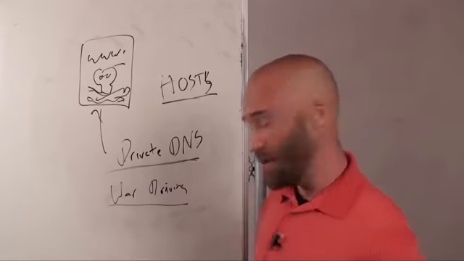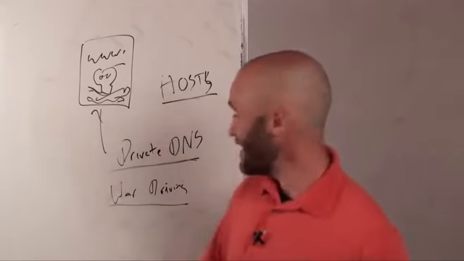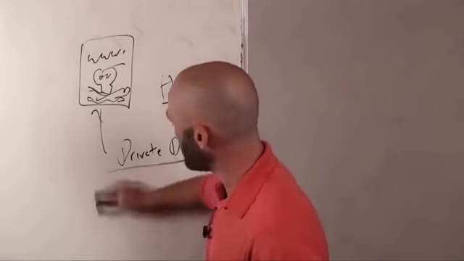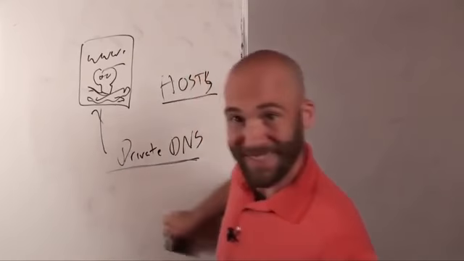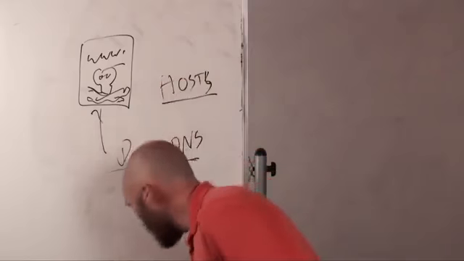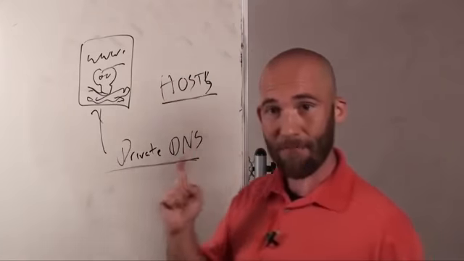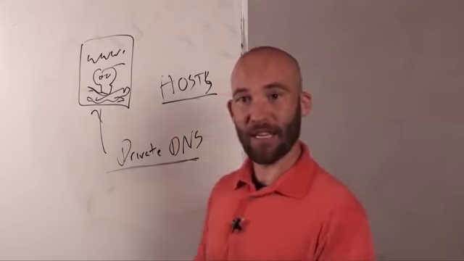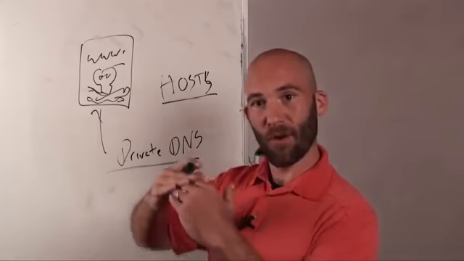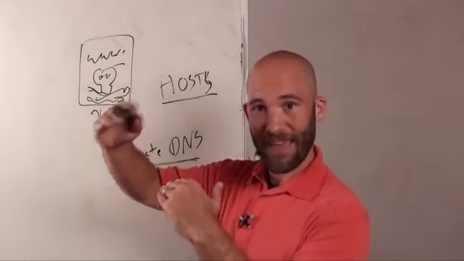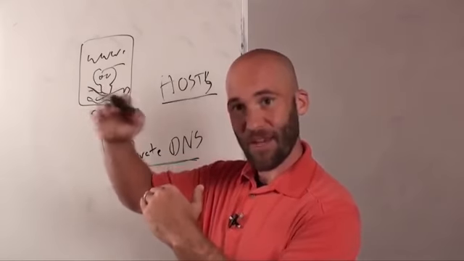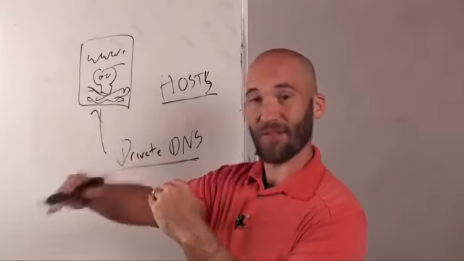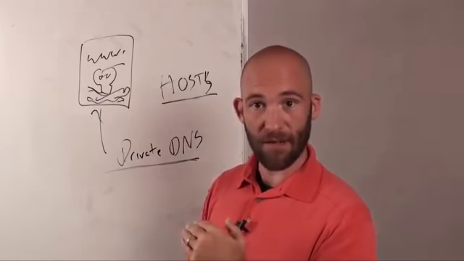Now, the next thing that you can do that would be really nasty on the private DNS is, if you've dealt with DNS on computers and servers, you know that there is a primary and a secondary DNS entry. So basically, your computer will go to the primary DNS server. If it can't find the information it needs from the primary DNS server, it will go to the secondary DNS server.